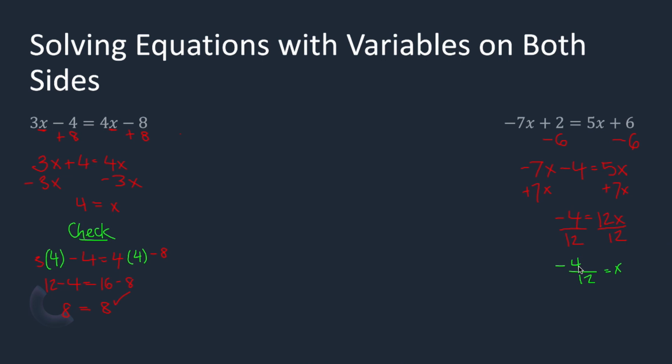And we notice that 4 goes into 12, so we divide this by 4. 4 divided by 4 gives us 1, and 12 divided by 4 gives us 3. So this is equal to negative 1/3. And a lot of people get tripped up because there's this negative here and they don't put that, but there's still the negative, so we need to keep track of that.